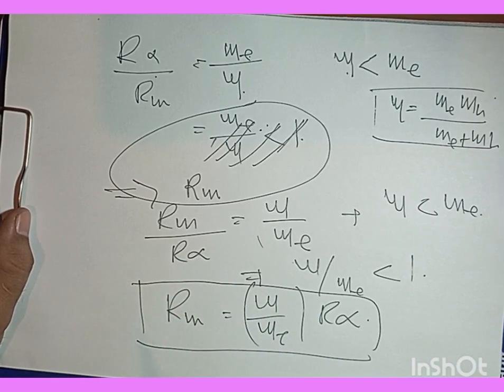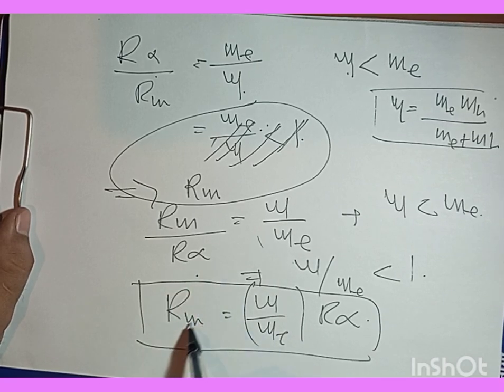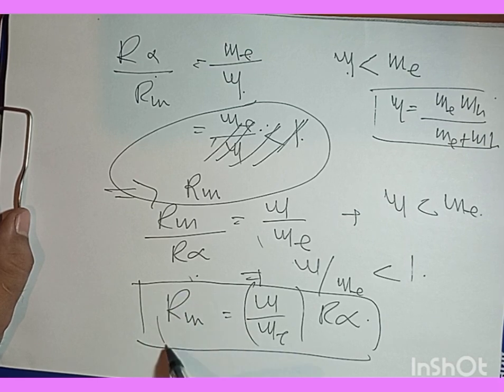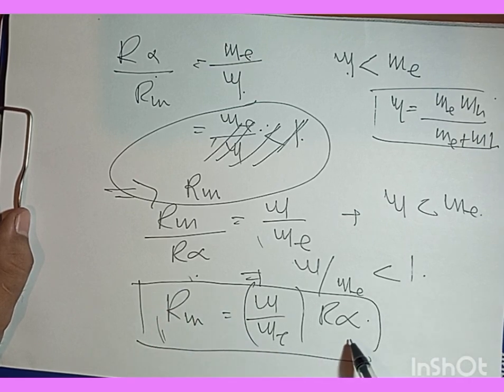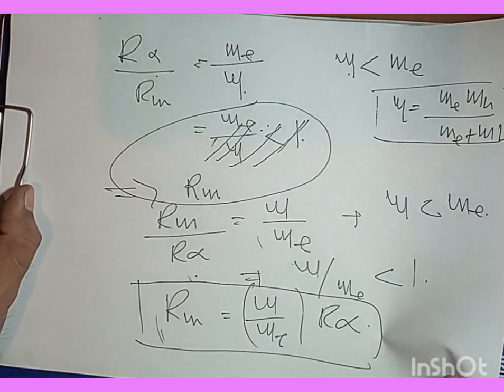We cannot have the value of the Rydberg constant greater than that of R infinity, because when we assume the finite mass of the nucleus, the Rydberg constant comes out to be less than that of R infinity.